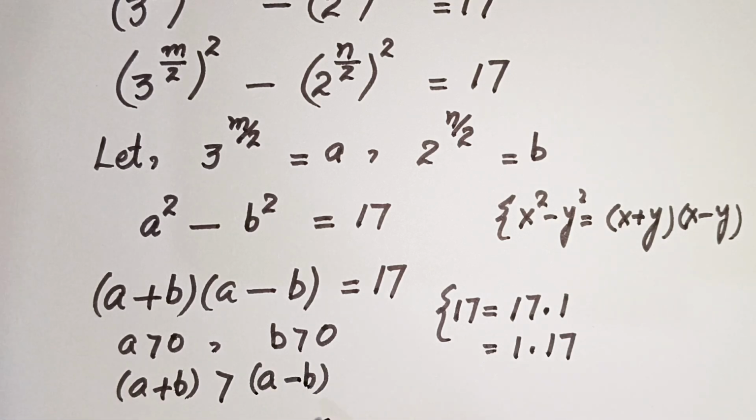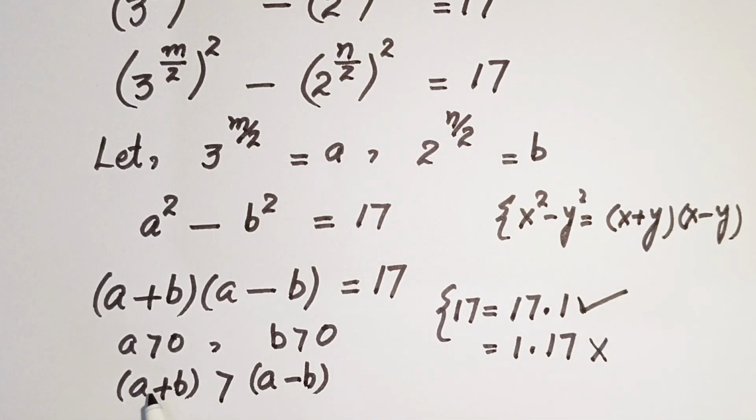So we use the factorization in which the first factor is greater and the second is smaller. We reject the other one, so we use the first factor 17, and the second factor 1, which is smaller.